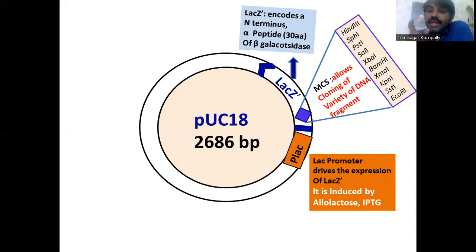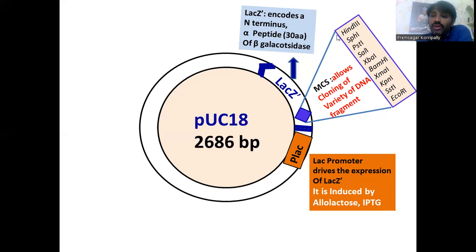And also, because of the MCS, we can clone our gene of interest in a directional orientation. For example, if your insert has an EcoRI site at the start codon, right?